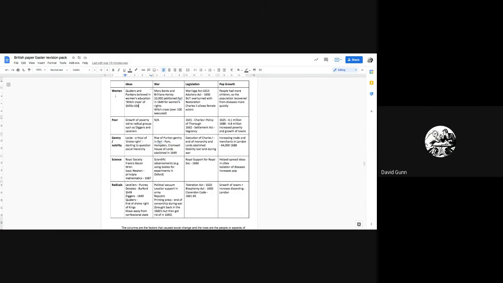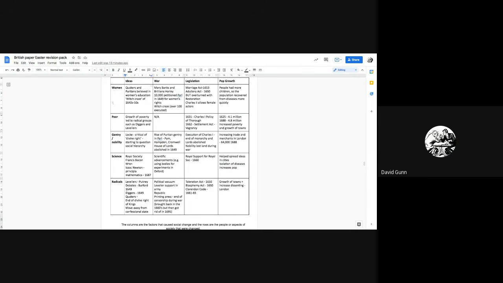And then from left to right, the rows are thinking about the people or aspects of society that were changed. So women, how much change was there for women? How much change was there for the poor? Gentry and nobility, science, radicals.